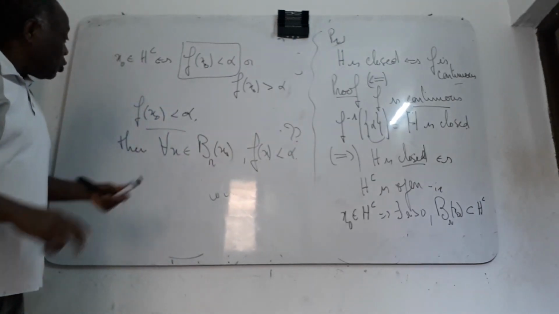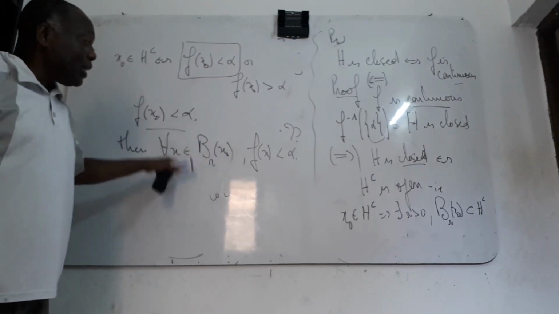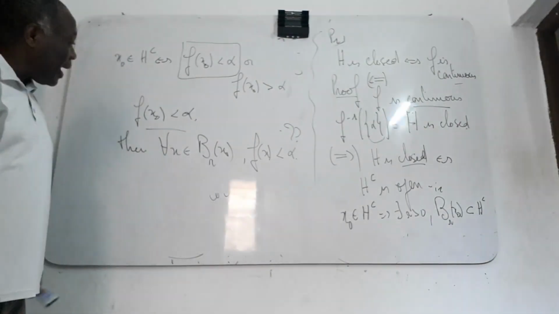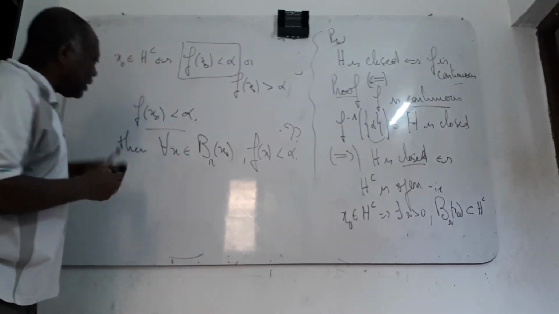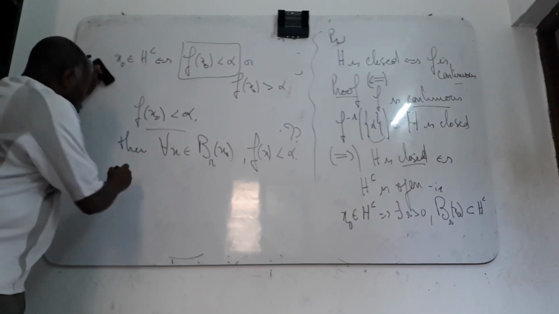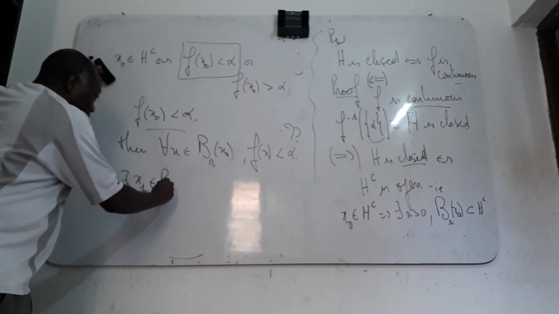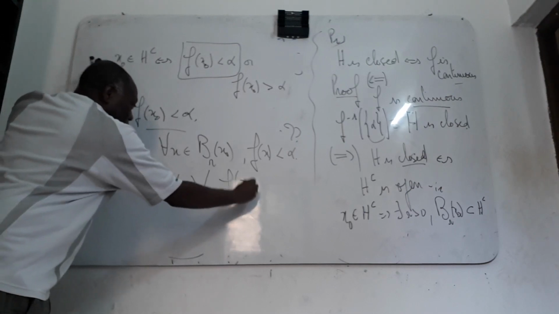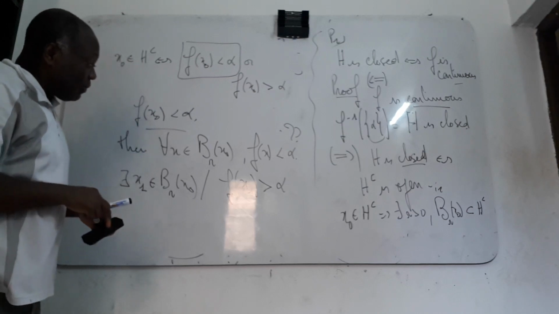That is the big property. We suppose that it's true at the point x0, then you extend it to the whole ball of center x0 and radius r. Why is this true? Suppose that it is not true. That means there exists x1 in the ball such that f(x1) is not less than alpha.